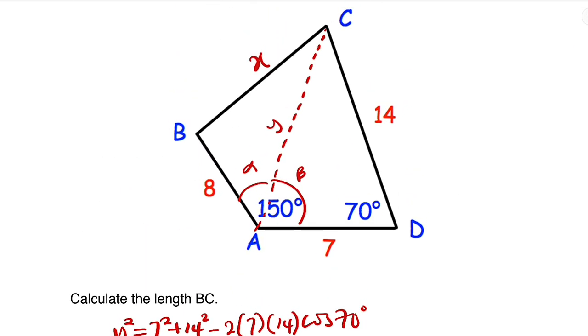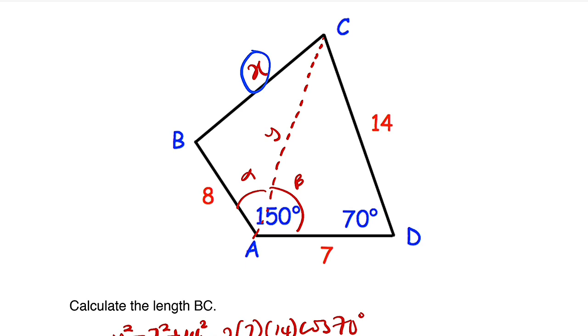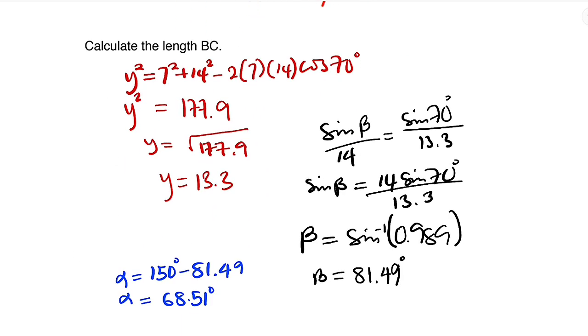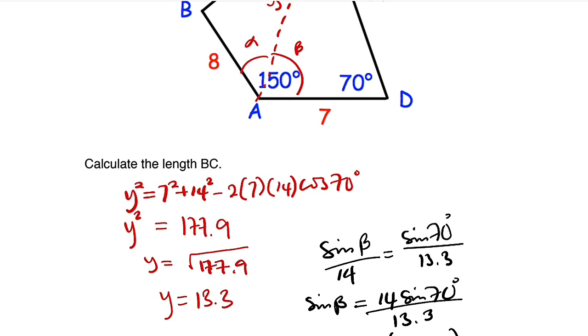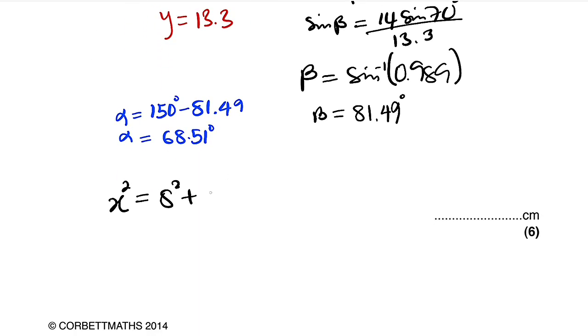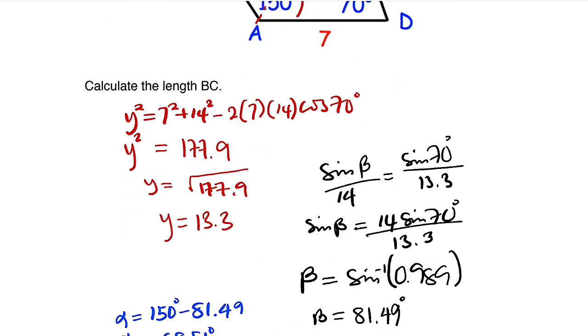We are almost done. And lastly, to find this, we are going to use cosine rule. Since we have this side length, we have this, and now we have the included angle. So x squared is equal to 8 squared plus y squared, but remember, y is 13.3, squared, minus 2 times 8 times 13.3 multiplied by cosine of that angle, which is alpha.